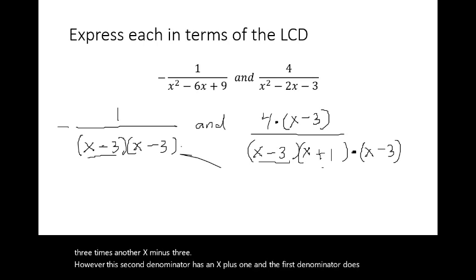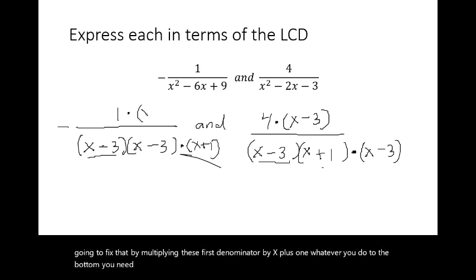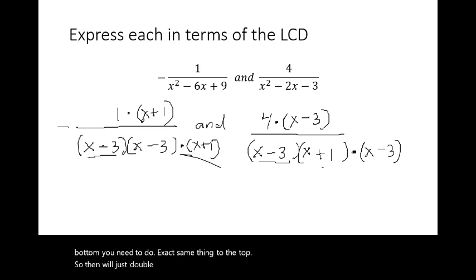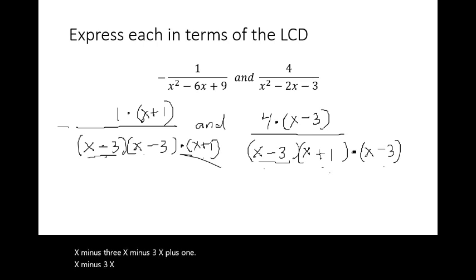So I'm going to fix that by multiplying the first denominator by x plus 1. Whatever you do to the bottom, you need to do the exact same thing to the top. So then we'll just double check to make sure that the denominators all have the same factors. So x minus 3, x minus 3, x plus 1. X minus 3, x minus 3, x plus 1, they both have the same factors.